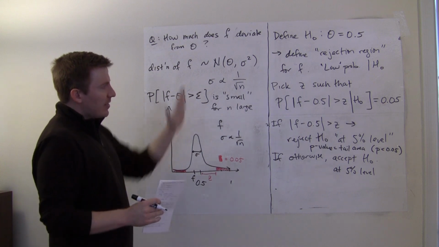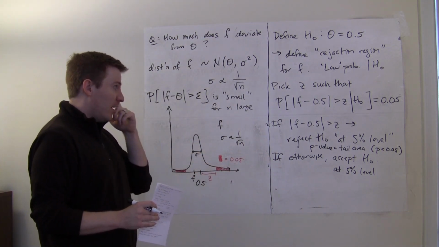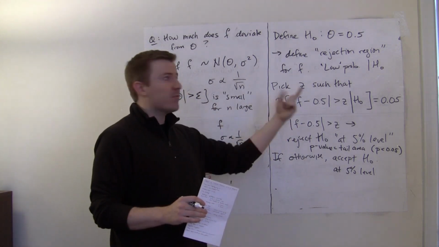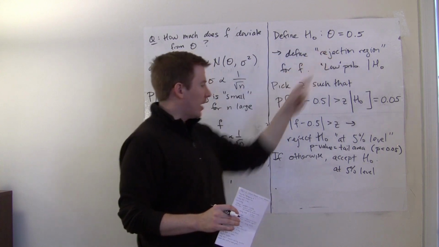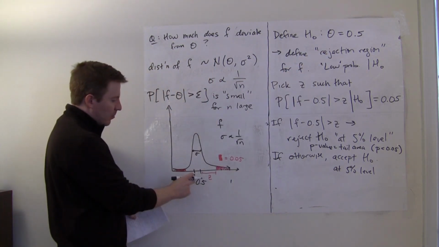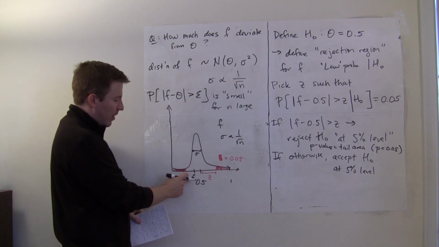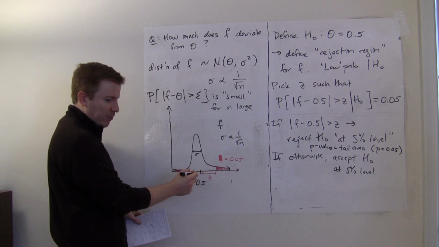So that's basically the logic of the hypothesis test. What we could do is imagine repeating it over and over again with different chosen values of this theta. Here it's like we imagine that we did not reject the hypothesis that theta was 0.05 because we got a value of f that was fairly close to 0.05.